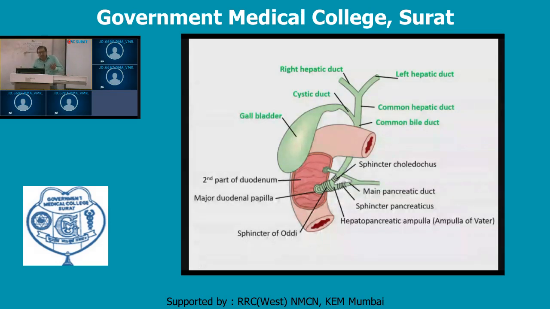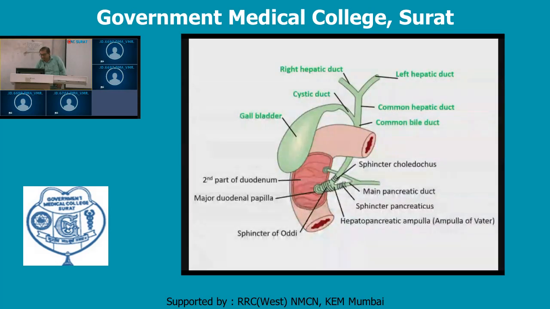Both these ducts, the CBD as well as the pancreatic duct, pierce the wall of the second part of the duodenum separately, but within the wall, in the course of these ducts, they get united. Here one can see these two ducts get united.